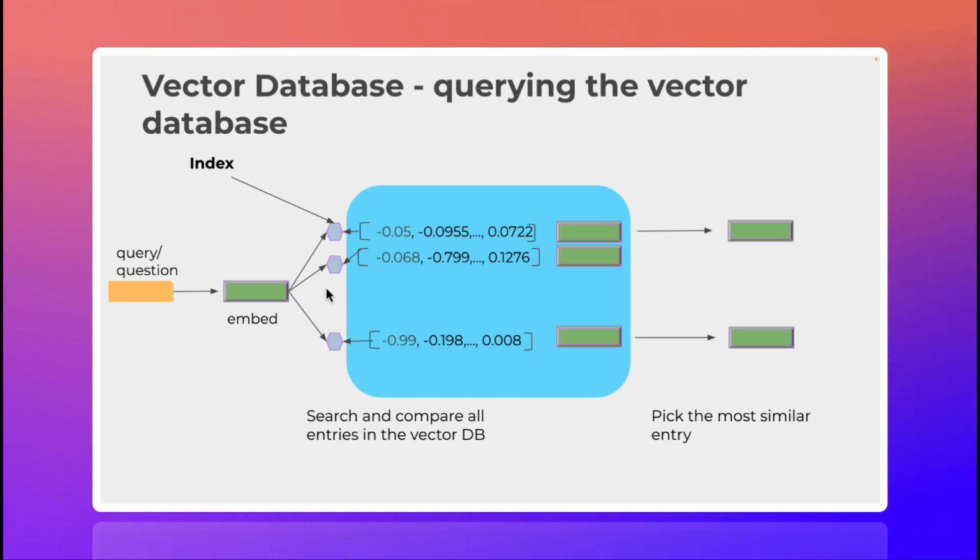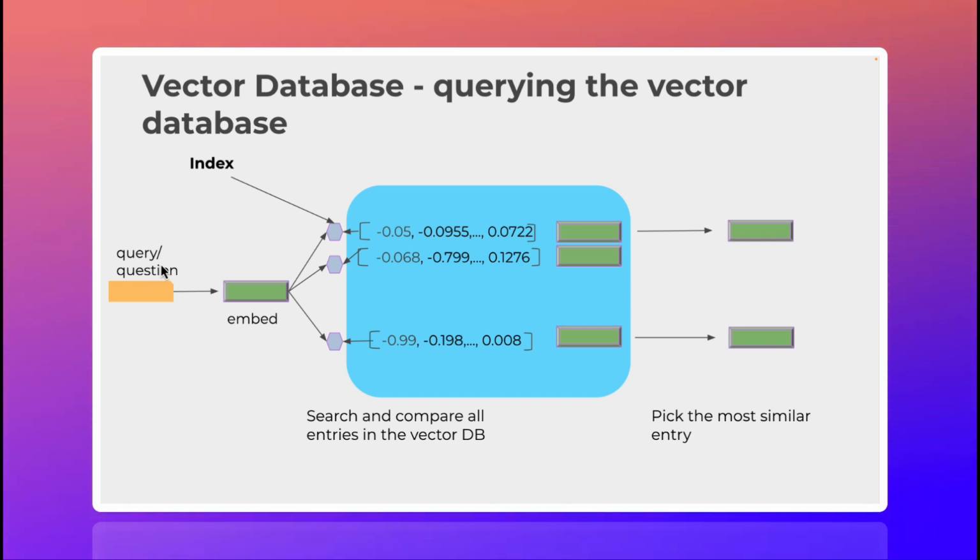And that is what sits between the embed, which is part of the query question, which has to be transformed into an embed, so that this data structure, essentially an algorithm created by a vector database, is able to query and find what needs to be found, to search and compare all of the entries in the vector database. So important to note here, an index is what makes querying the vector database fast and efficient, because an index is a data structure that facilitates the search process.